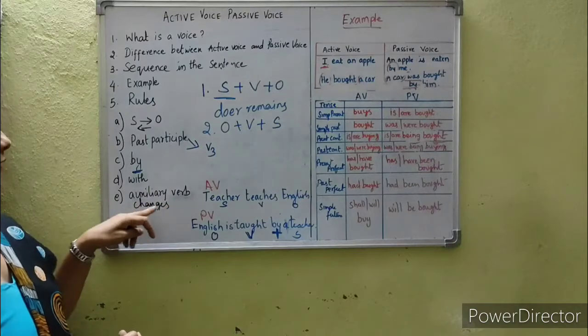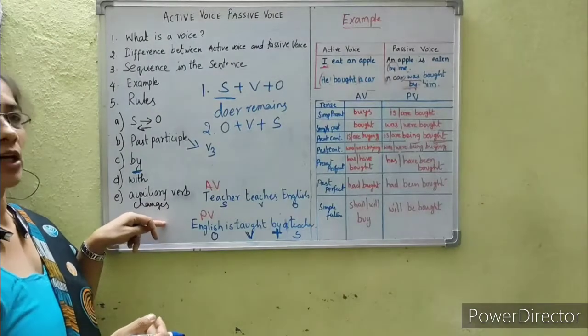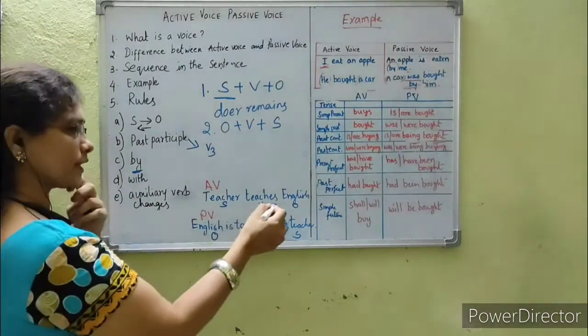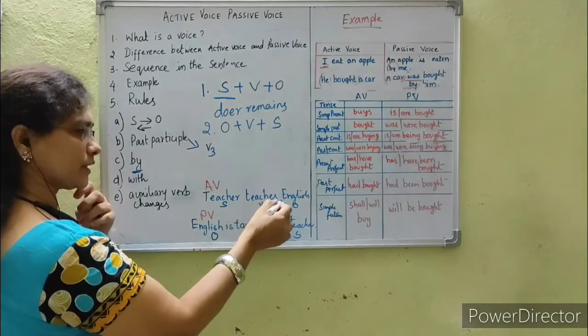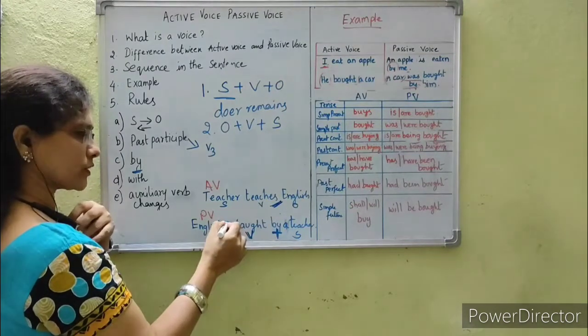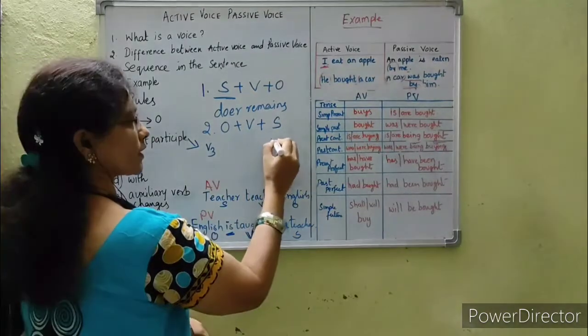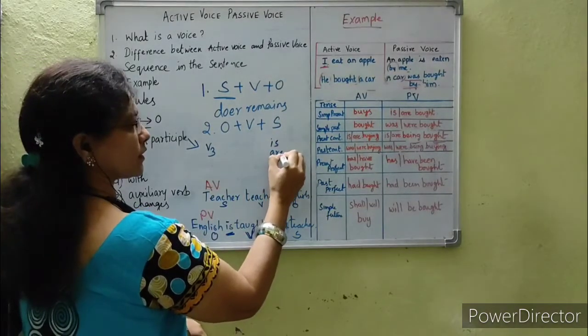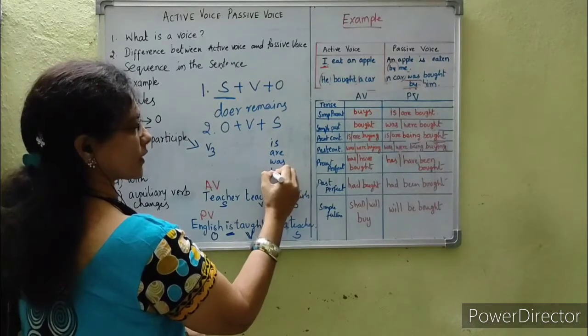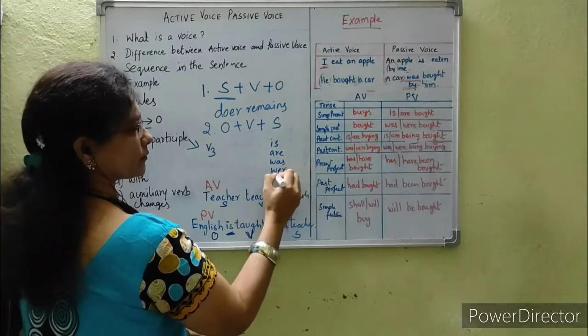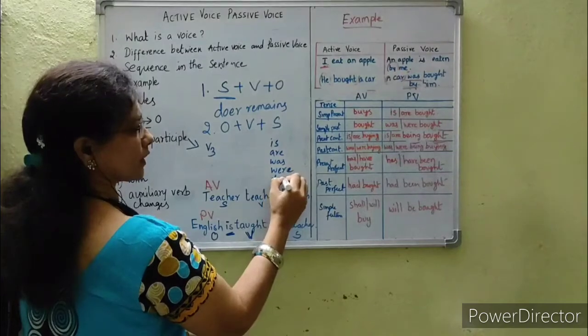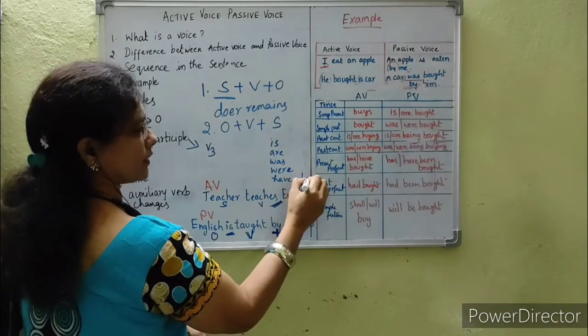Then the auxiliary verb changes here. Since here it is teaches in present tense, I have used the auxiliary verb is. You know the auxiliary verbs are is, are, was, were, and have forms have and had.